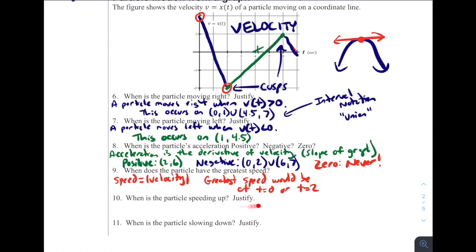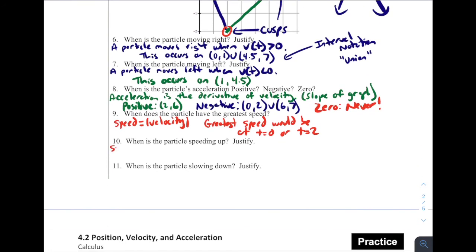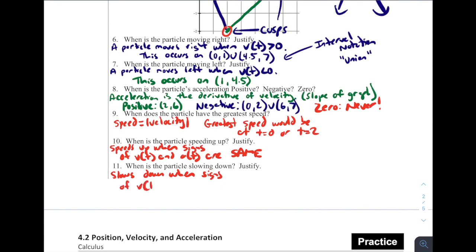So if the particle is speeding up, that's when the signs of velocity and acceleration are the same. And I'll just answer this for the justified for 11. It slows down when the signs of the velocity and the acceleration are opposite. So justification parts are done for both of these.